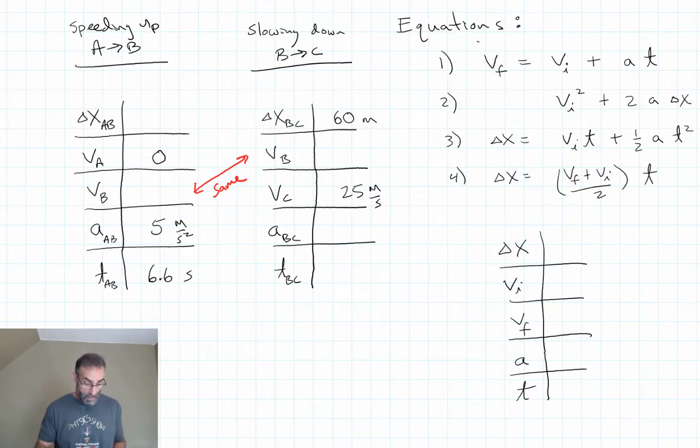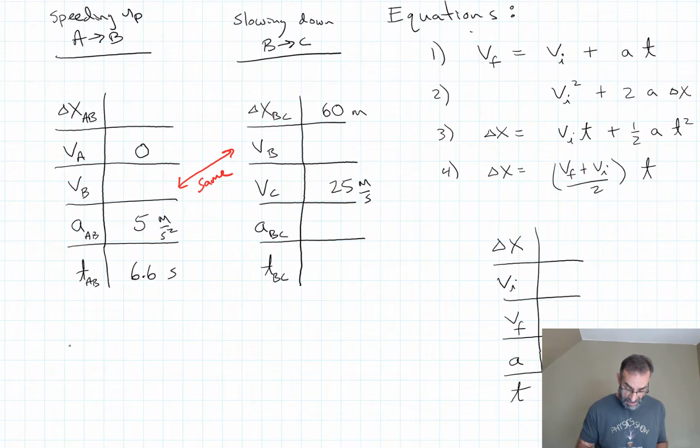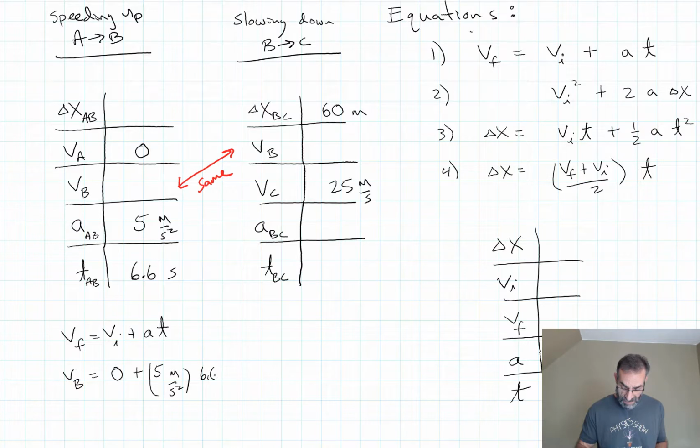We can pick an equation that's missing delta x and solve for VB. So here's an equation that's missing delta x. We know that V final is what we're calling VB. V initial is VA, that's 0. Our acceleration we know is positive 5 meters per second squared, and our time is 6.6 seconds.